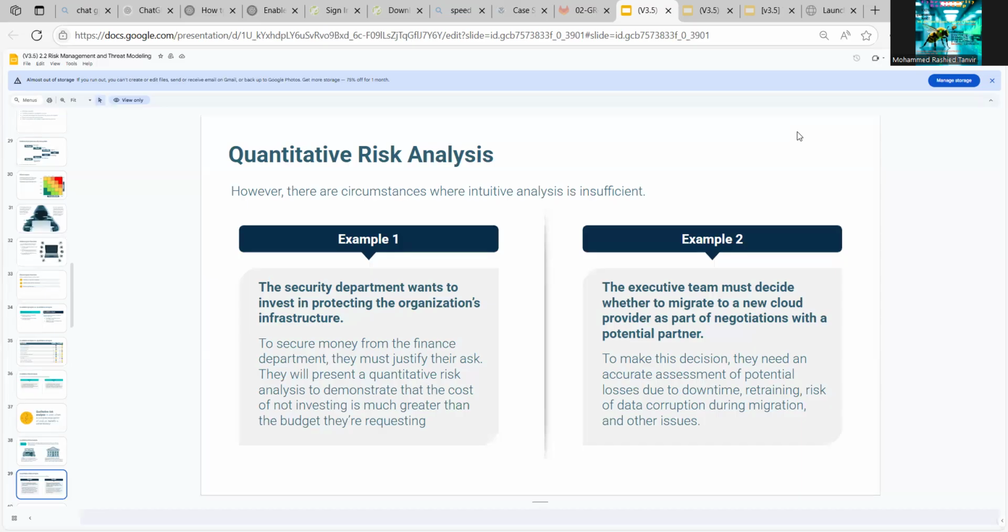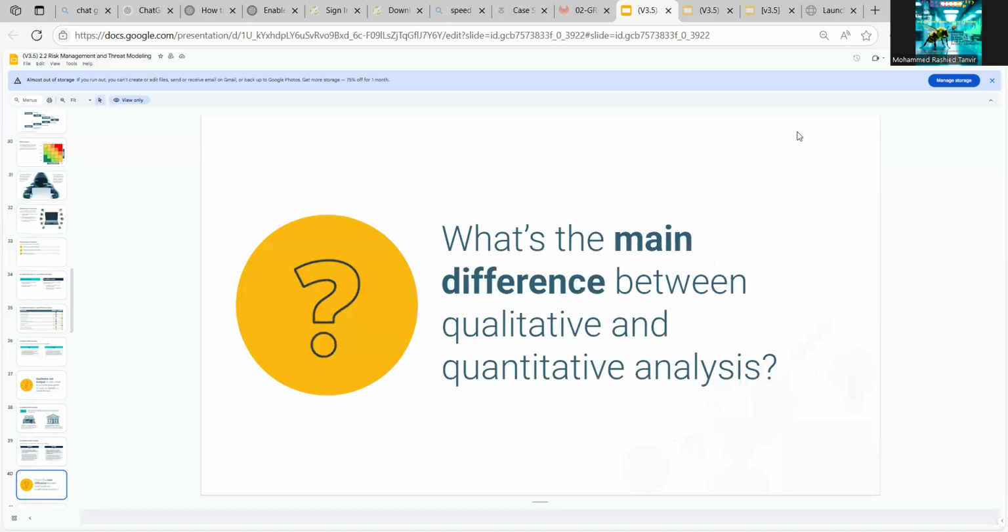Example 2: the executive team must decide whether to migrate to a new cloud provider as part of a negotiation with a potential partner. To make the decision, they need an accurate assessment of potential losses due to downtime, the risks of data corruption during migration, and other issues.